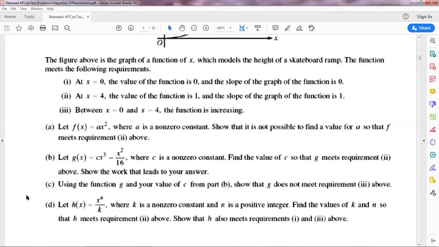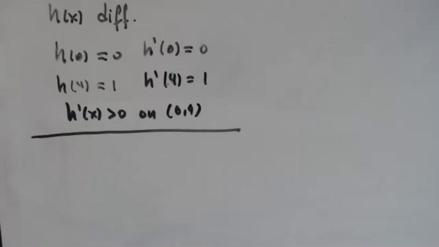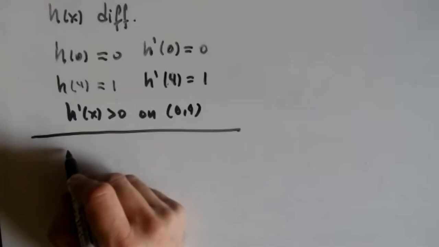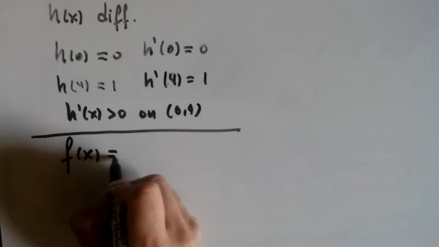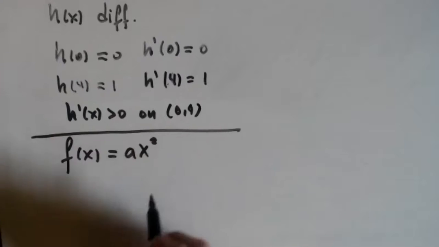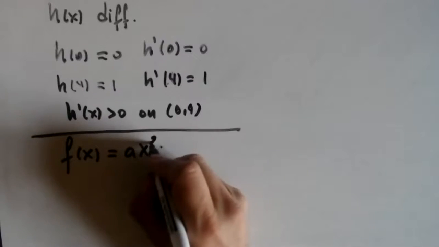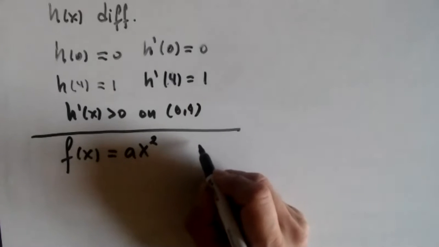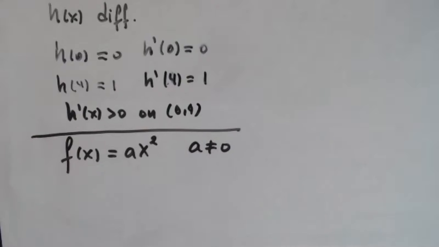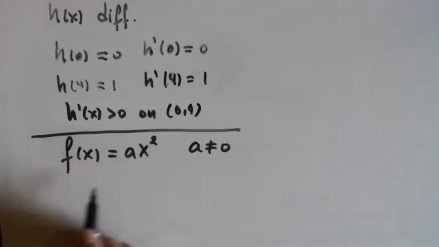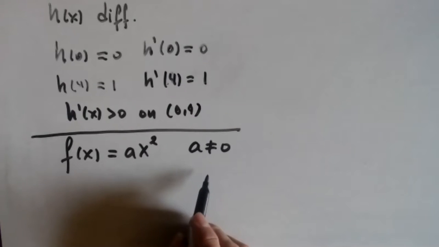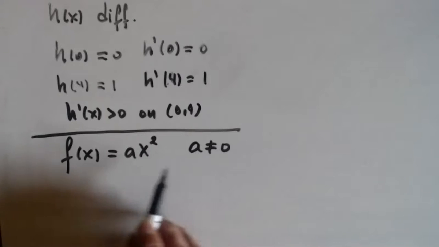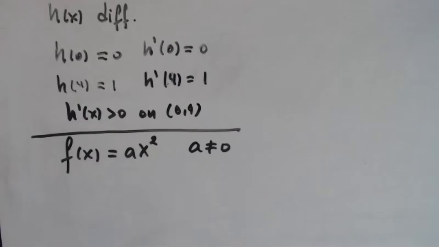So f of x is ax squared. a is a non-zero constant, so a is different than 0.